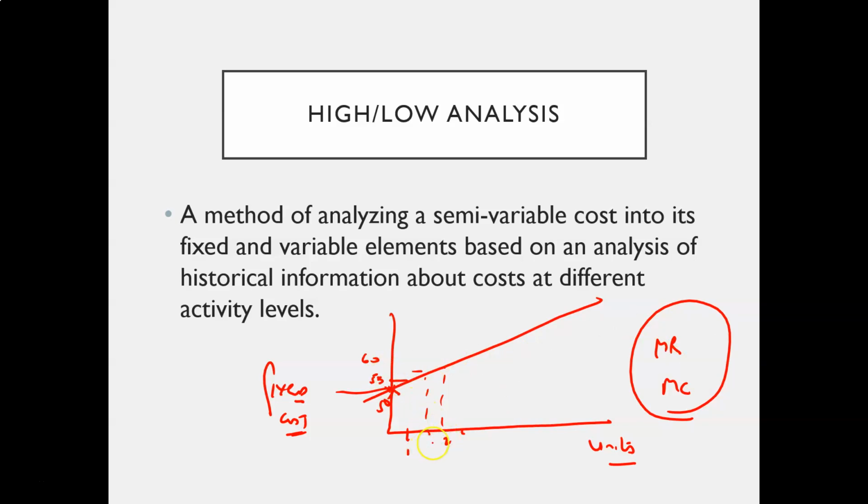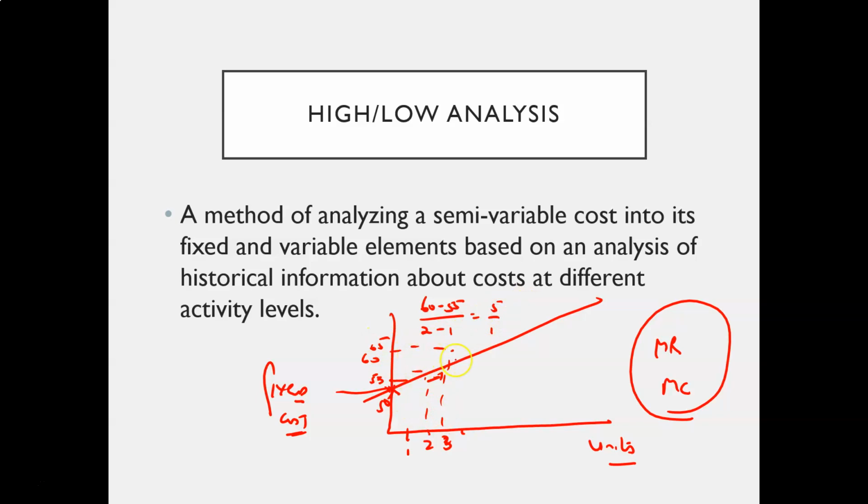So that's 1, 2, and that's 3. Technically, I could simply say 60 minus 55 divided by 2 minus 1, and that would get the 5 over 1. That's how I would get my 5. But you typically don't have information that's that close. It's the same principle. I could have said this is 65 and this is 3.